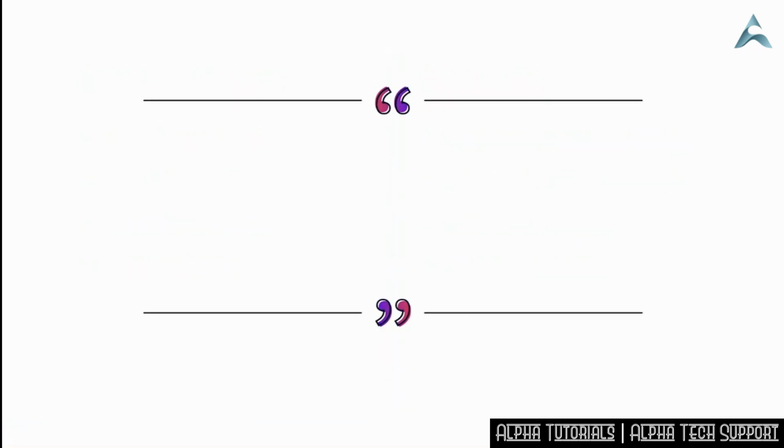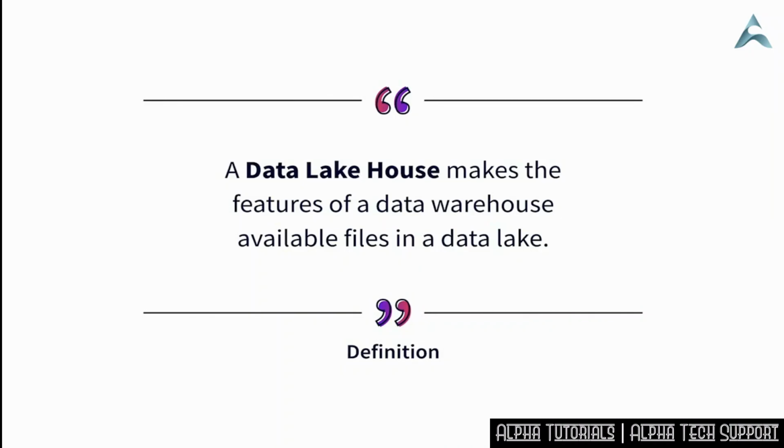Now, a term that you'll hear among the various vendors, SnowflakeDB and some of their competitors, is this idea of a data lake and a data warehouse combined. So they call it a data lake house. It makes the features of a data warehouse available in a data lake. And the idea is flexible cost of storage, so the old time versus money.